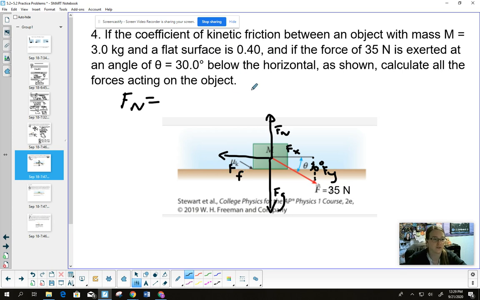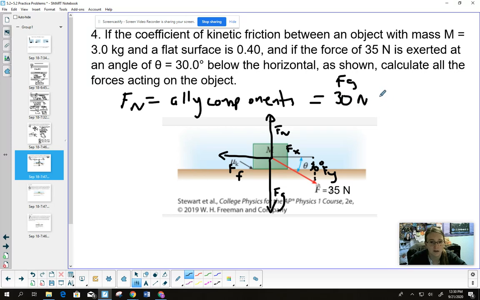I didn't give enough information for that. So normal force is all the y components. So we've got gravity, which is just 3 times 10, which is 30. I hope you're following along there.